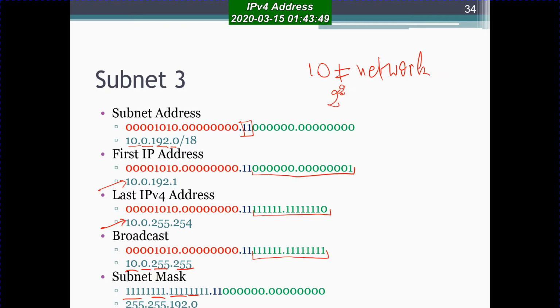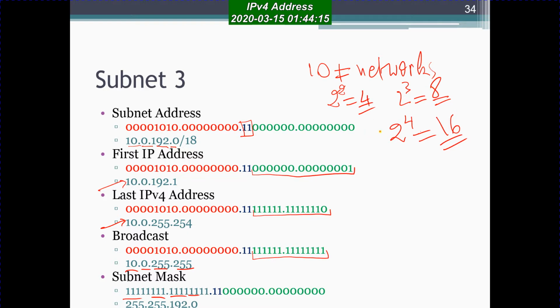If I borrow 2 bits, I have 4 combinations. If I borrow 3 bits, I have a maximum of 8 combinations, which leads to 8 different networks. So to create 10 networks, I have to borrow 4 bits from the host address field, because 2 to the power 4 is 16, which is enough for 10 different networks.